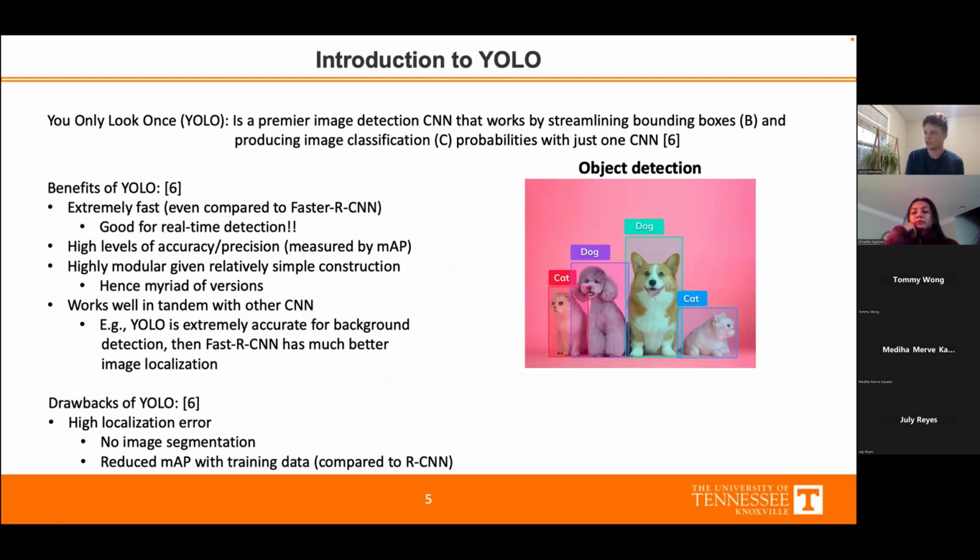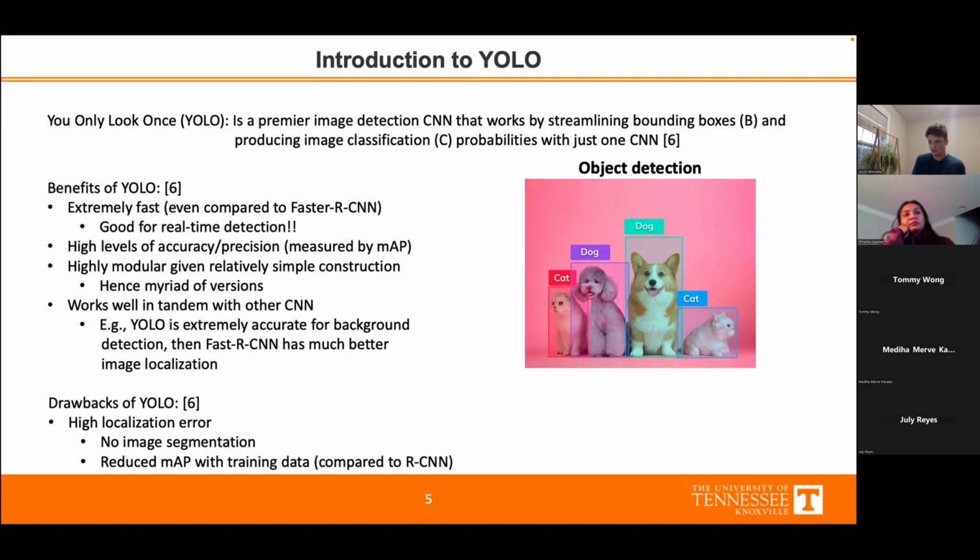It is described, at least by the author of YOLO, as being a premier image detection convolutional neural network that works by streamlining, which means all together in one CNN, both establishing bounding boxes around the object, which identifies if the object is there and its rough position, as well as producing the image classification, which is determined from a conditional probability that there is an object in the box, and then what is the probability that it is a specific type of object, which in this image is either dogs or cats.